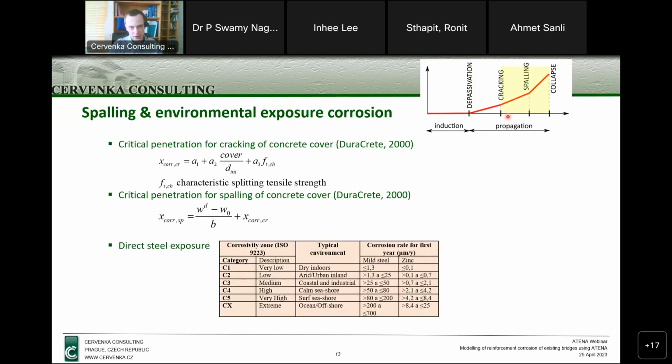So this is the phase from the cracking of the concrete cover to the spalling, and eventually it can lead to even the collapse of the structure if no countermeasures are taken.